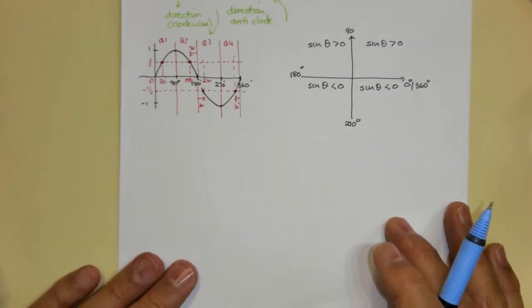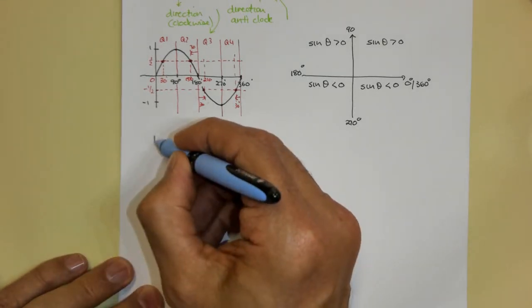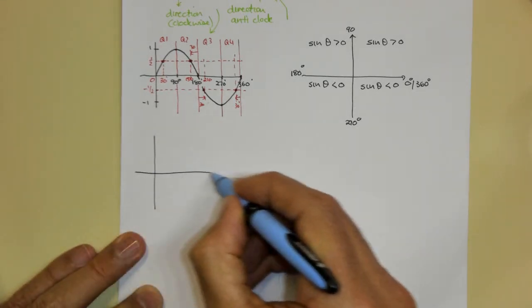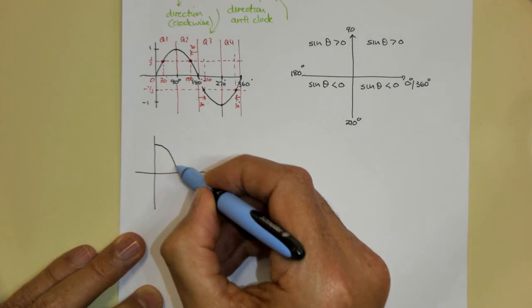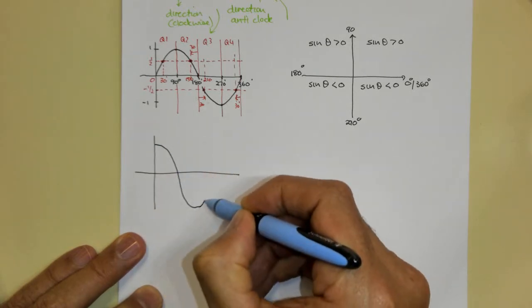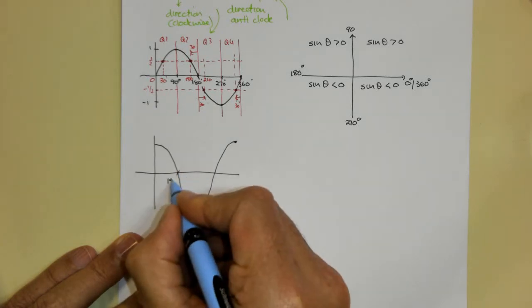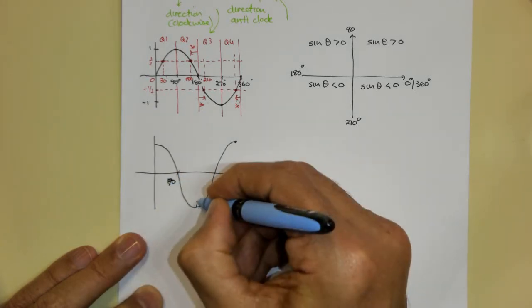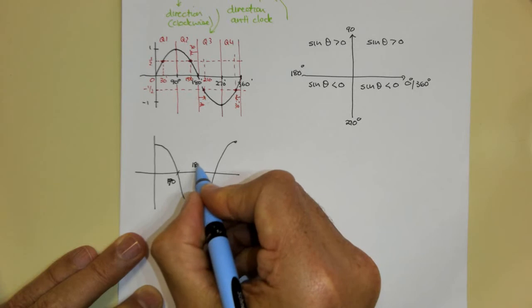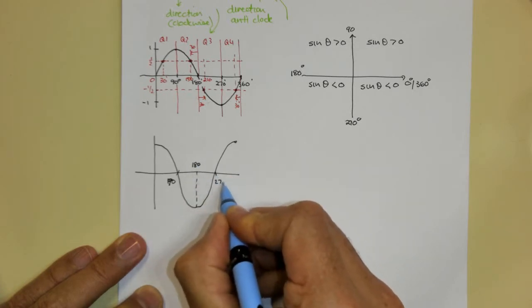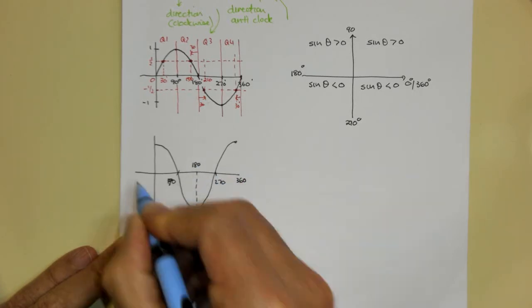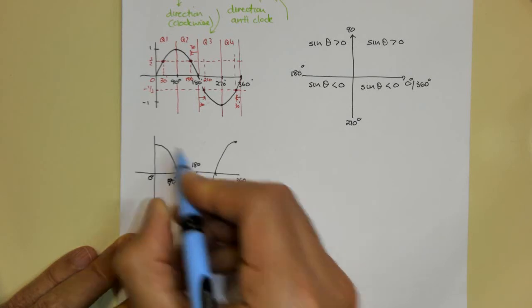Now let's look at the same for cosine. You can remind yourself the cosine curve starts at 0, goes to 90, goes to 180 minus 1, back to 270 and then to 360. This is 90 degrees. That there's 180 degrees. This here is 270, and there we have our 360 degrees.